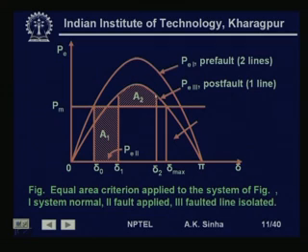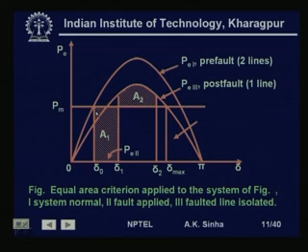When it reaches this point delta 2, the speed becomes equal to the synchronous speed, but since the mechanical power input is less than the electrical power output, delta will keep on moving along this, and finally it will start operating at this point where P m is equal to P e. So, at this delta angle it will finally settle, because the oscillations will die out.